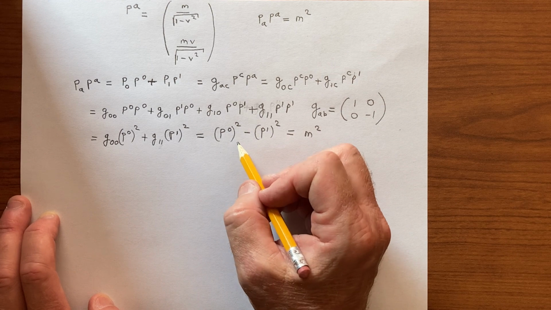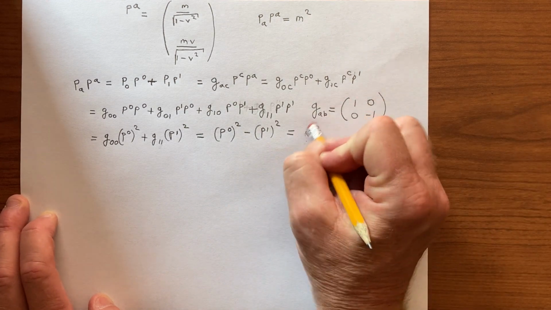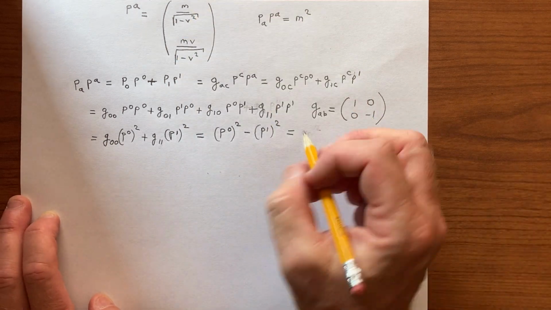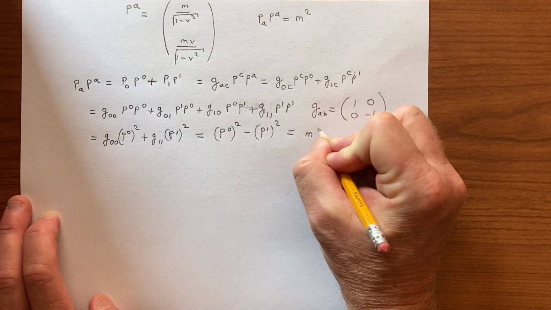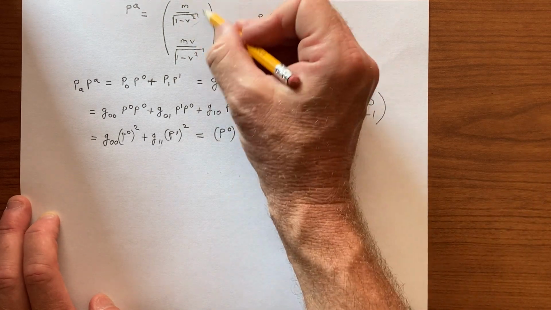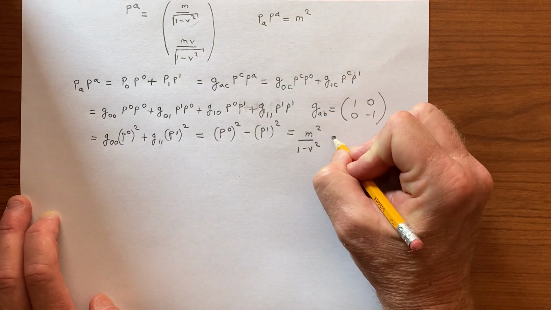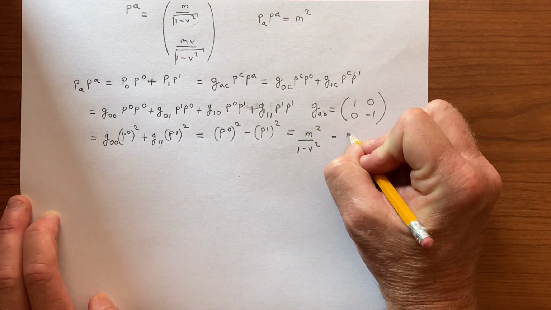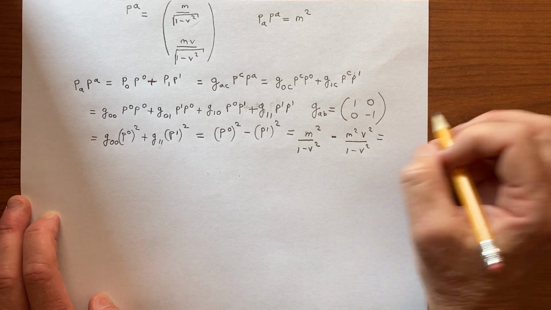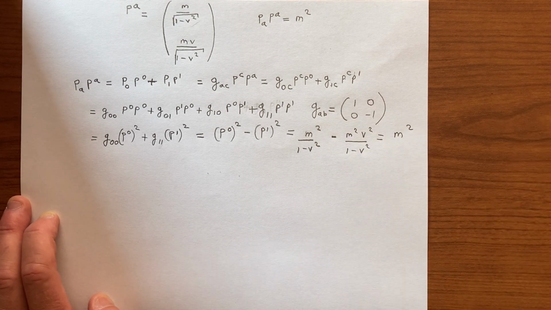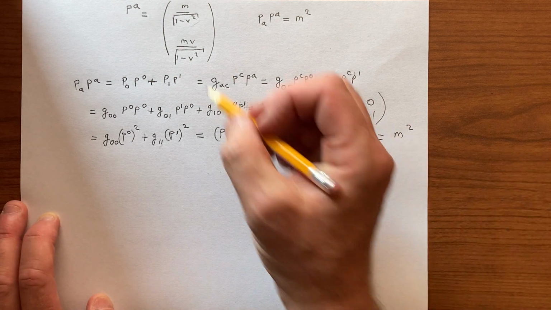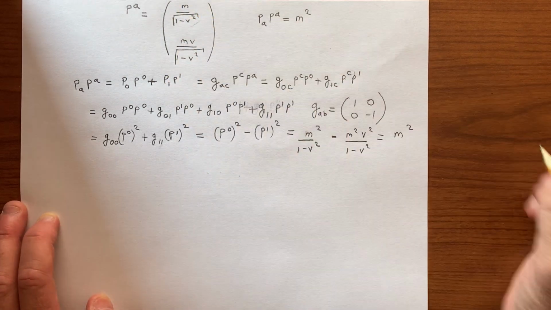Because, well, maybe let's continue working it out in terms of these components. That's m squared over 1 minus v squared, P_0 squared, minus P_1 squared, which is m squared v squared over 1 minus v squared, which is in fact just m squared. So we argued, or we motivated the idea, that this term here is the energy.